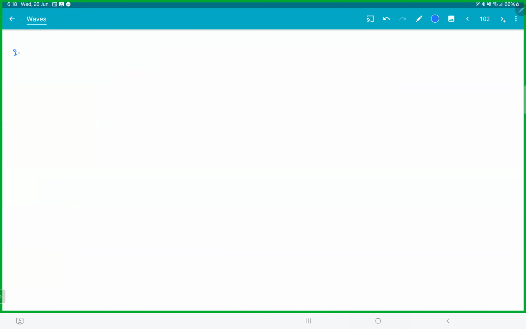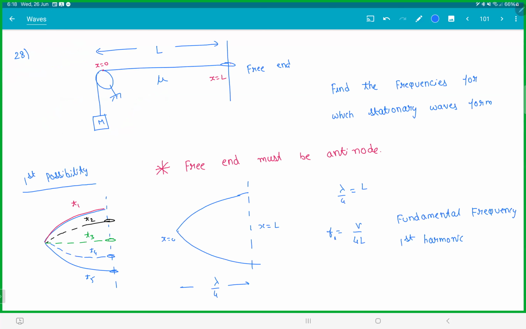The second possibility, we'll have one full loop and we have to have a half loop. You don't have an option. The right side half loop must be there. So you will get here half loop, 1.5 loop, 2.5 loop, 3.5 loop, and so on.